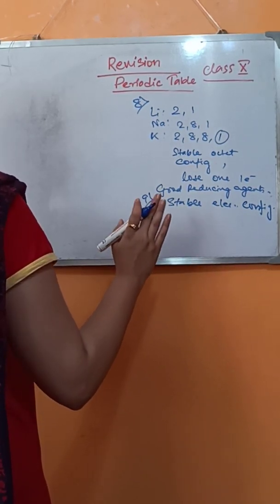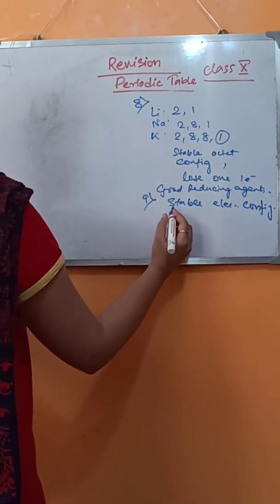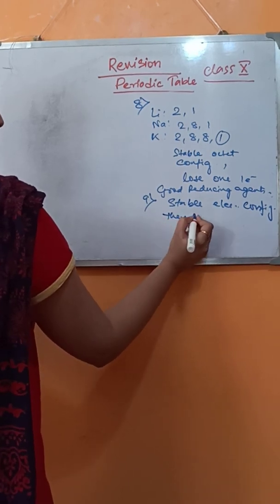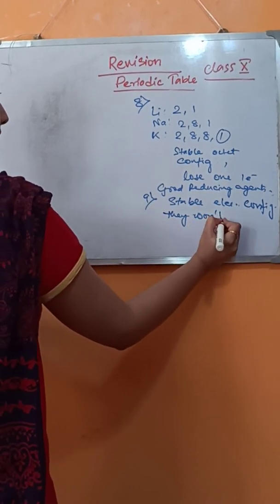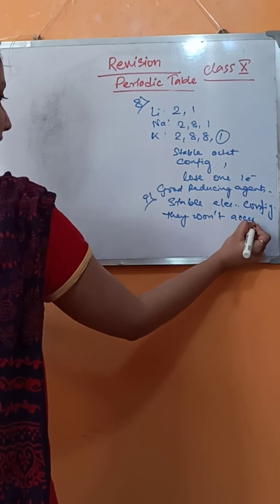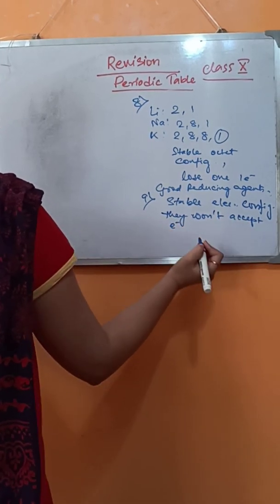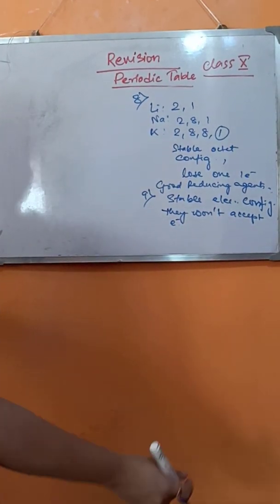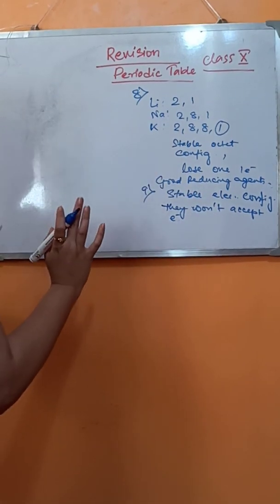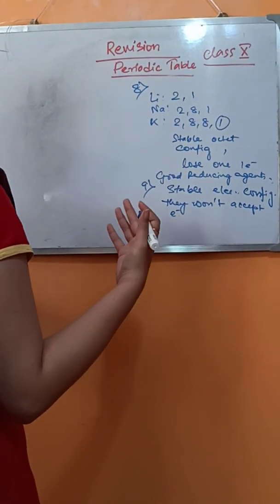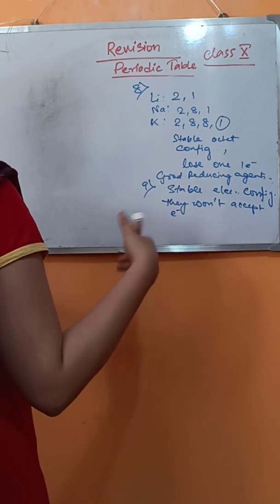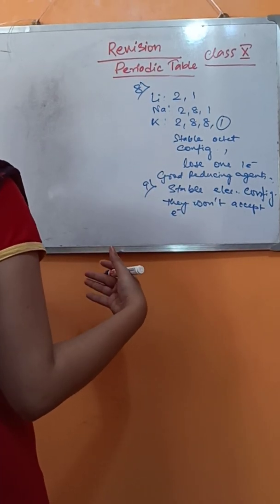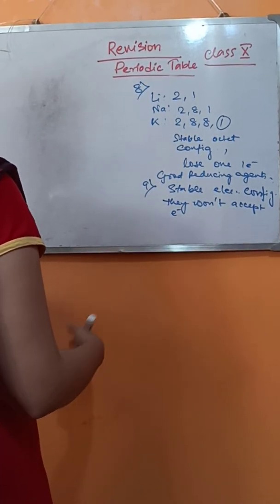They will always want to remain in their stability. So they won't accept electron because they are having a stable electronic configuration. So since they are not willing to accept electron, they are having less values of electron affinity.